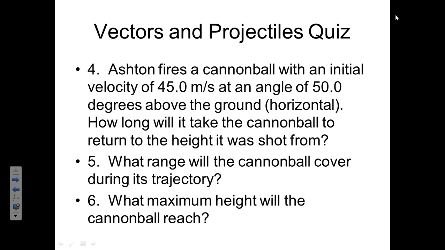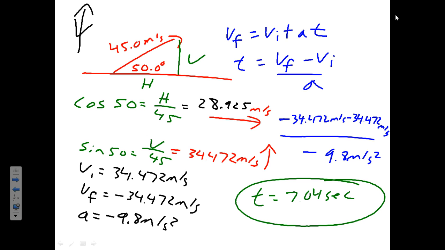All right, let's back up and look at what the second part was. The second part is we're going to find the range. And remember that range is the horizontal displacement. And that is completely dependent on which component? The horizontal component. So 28.925 is our horizontal component.